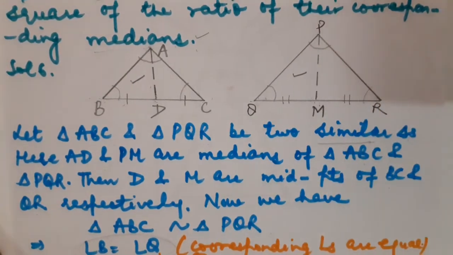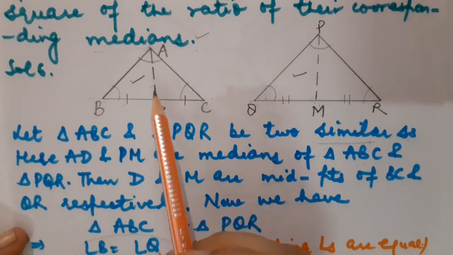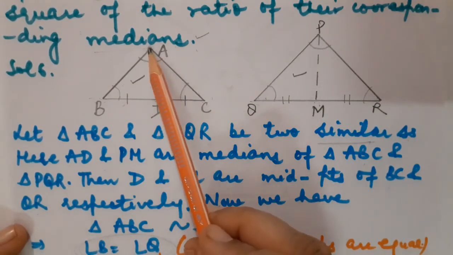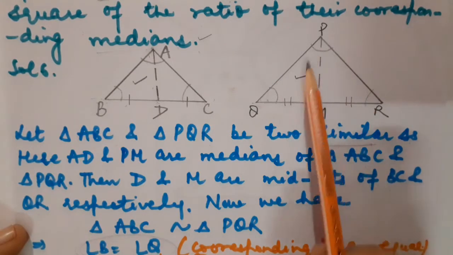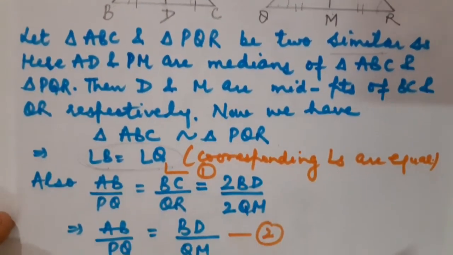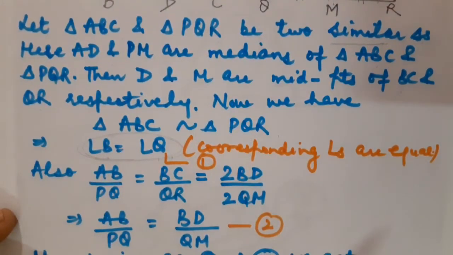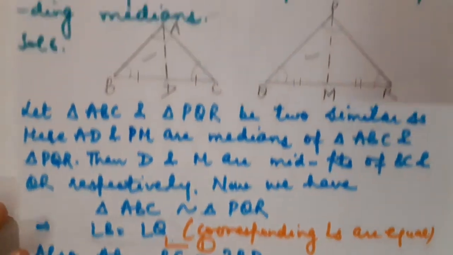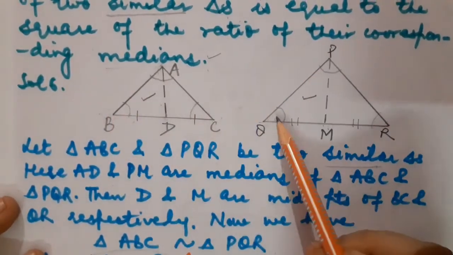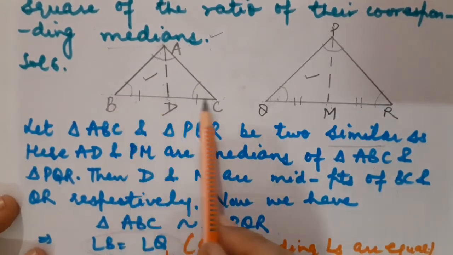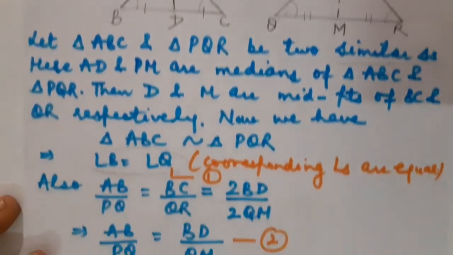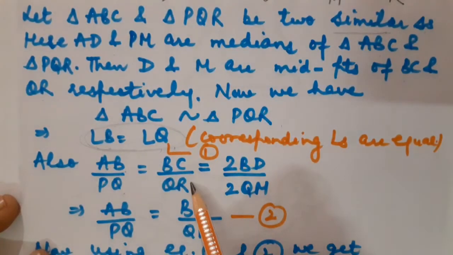Understood? Now children, as it is given in the question that triangle ABC and triangle PQR are similar to each other, then can we say that their corresponding sides must be in the same ratio? So it means AB upon PQ, they both are corresponding to each other, must be equal to BC upon QR.